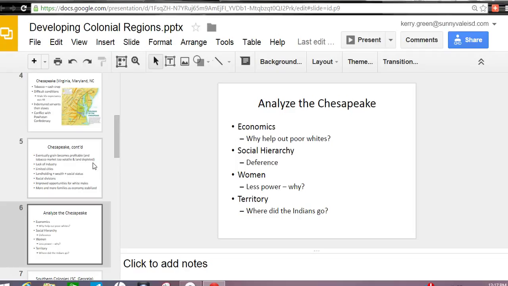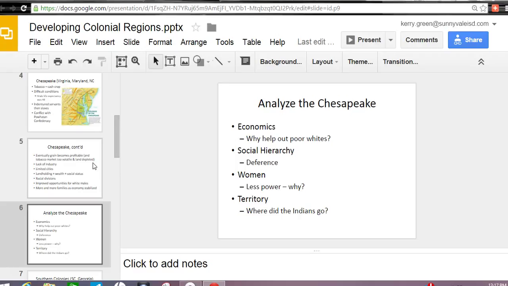And they're really operating in a system that's very reminiscent of what they have in England, which is that women, at the higher end of the social ladder, are simply there to help reproduce and make heirs, and just to look pretty. And at the lower end of the social ladder, they're there to make heirs and then also work to be labor. And so that doesn't really change anymore in Virginia.